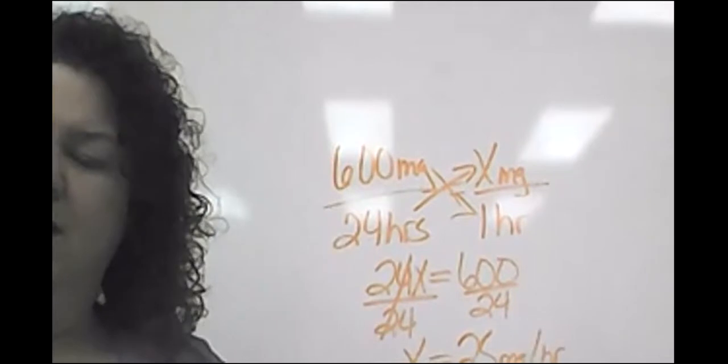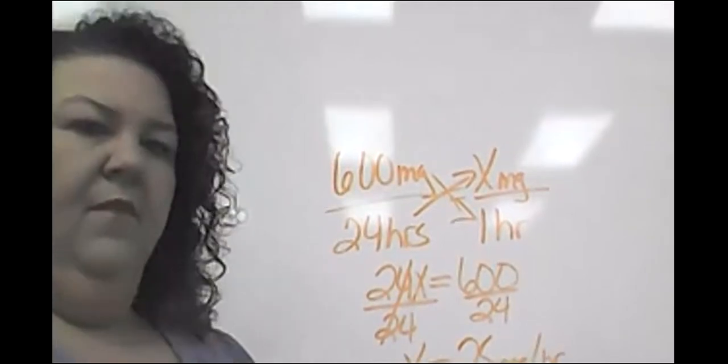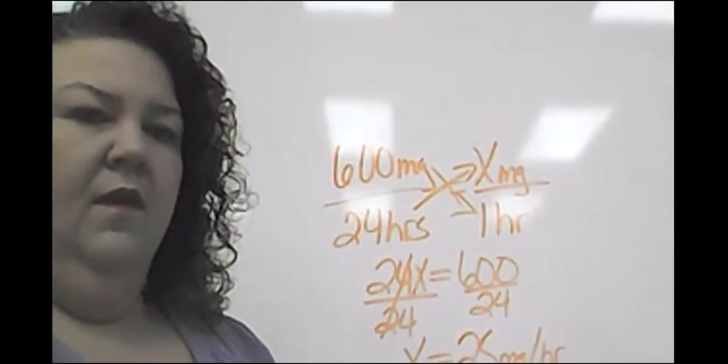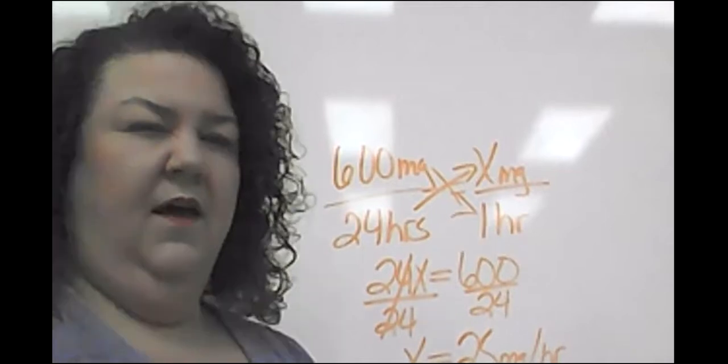We'll do one last final example, just because I feel like these are not as complicated as the other ones. I'm going to look at example 21.20 on page 331. There I have a scenario that says 5 million units of penicillin G aqueous are being delivered in 1 liter of D5W over 12 hours.